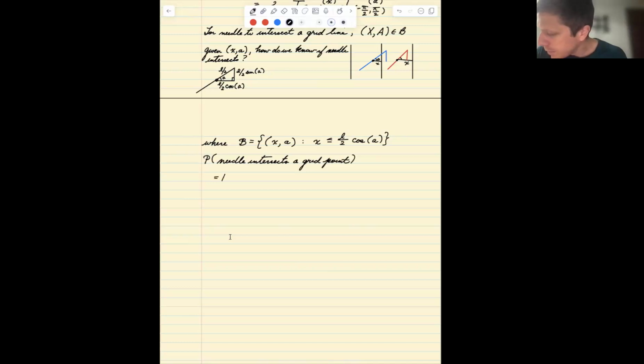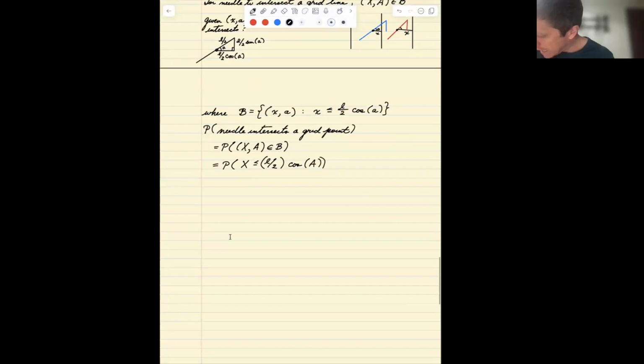This is the probability that (X, A) is in B, which we've just defined as the probability that X is less than or equal to L over 2 cosine of A. Okay, how do we do this?